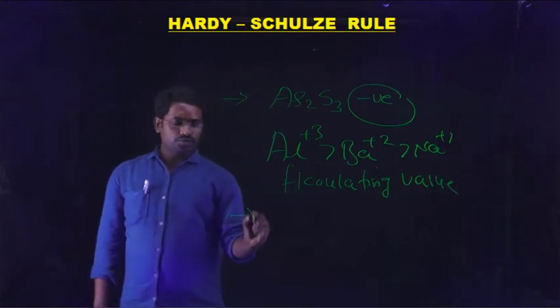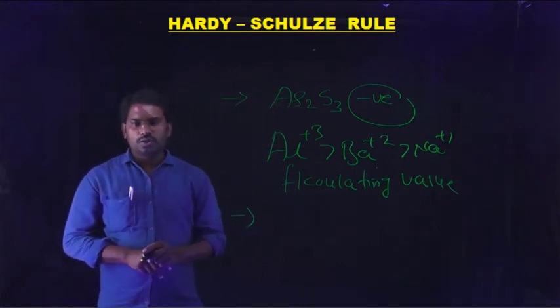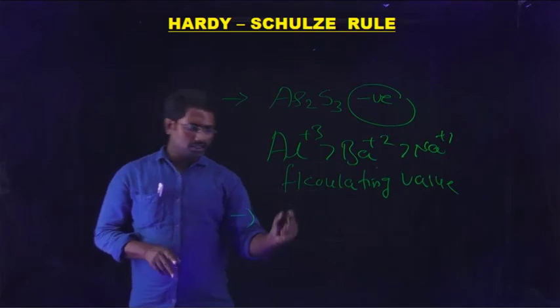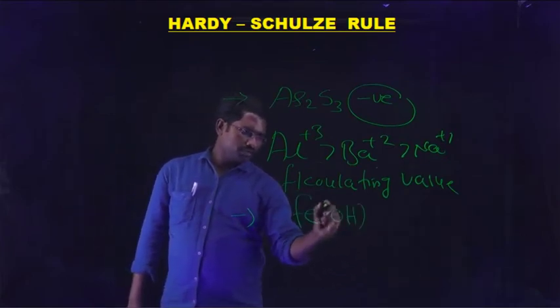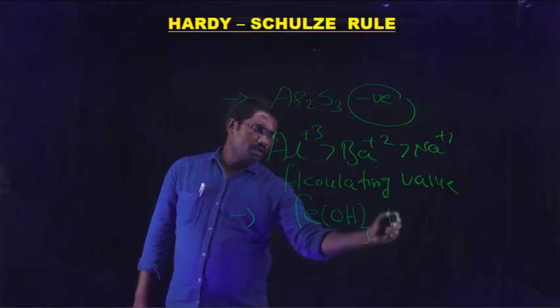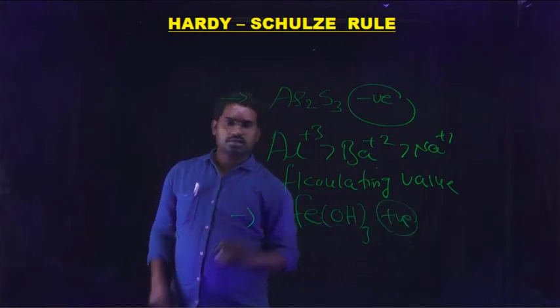In case we are taking a positively charged colloidal solution, like ferric hydroxide, Fe(OH)3, this consists of positively charged particles.